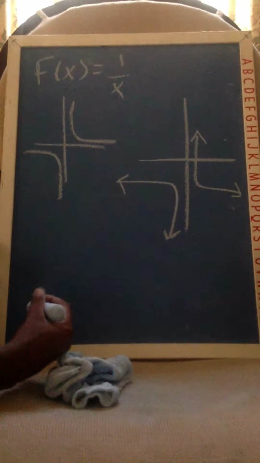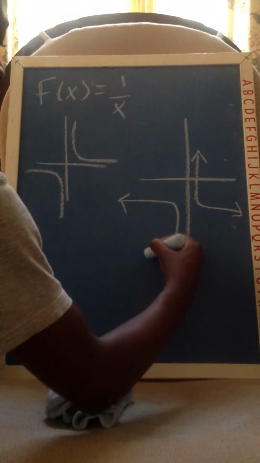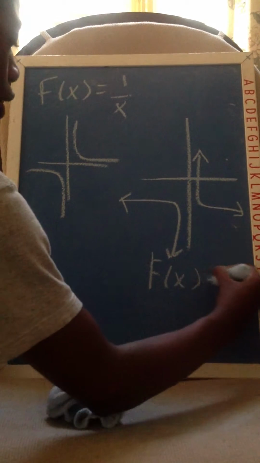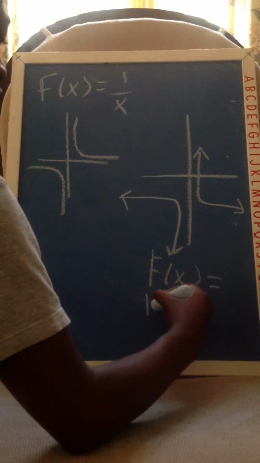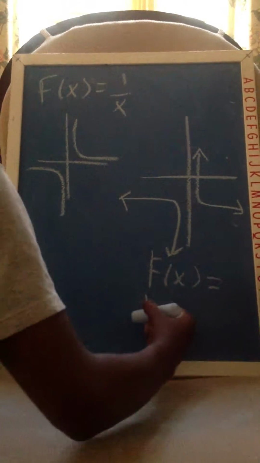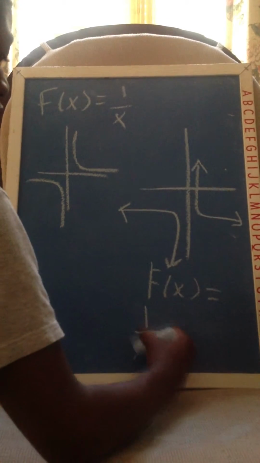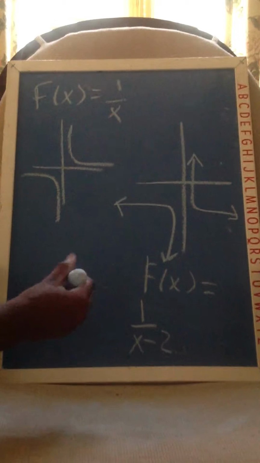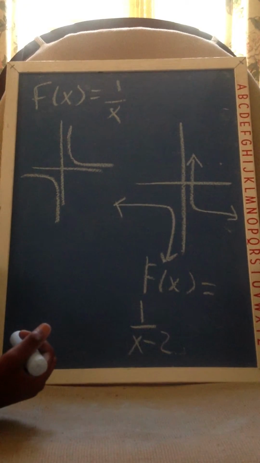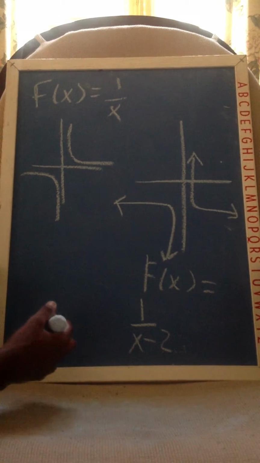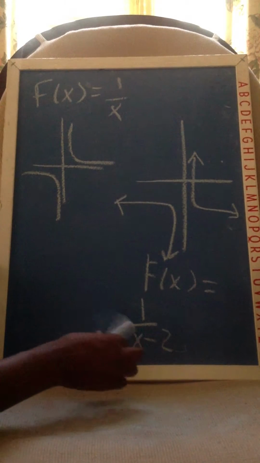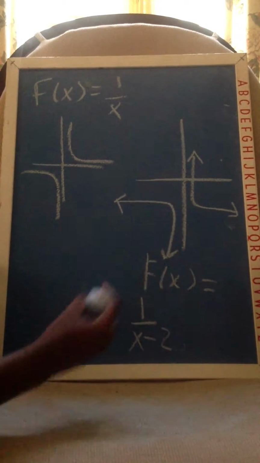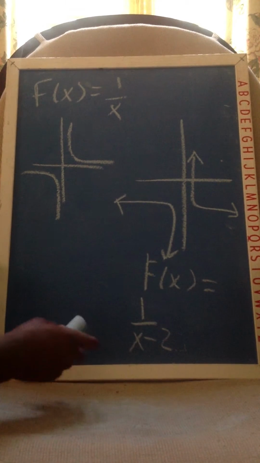So this would make the new equation f of x equals 1 over x minus 2. And the minus 2 would be the h, which should be the vertical shift. And the vertical shift would be a factor of minus 2, which would shift the graph down more.